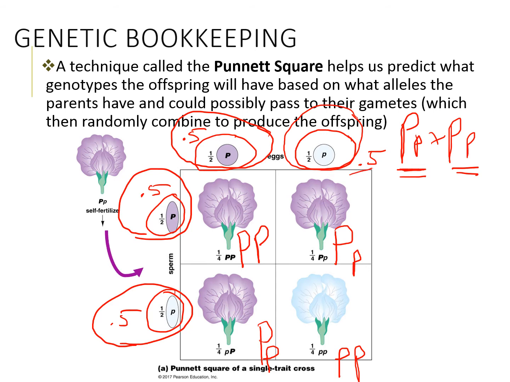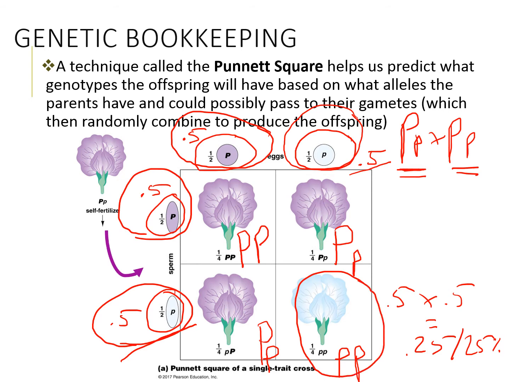So 0.5, or half the time, one parent gives a little p, and then 0.5 of the time, so half the time, the other parent also gives a little p. So 0.5 times 0.5 is 0.25, or rather 25%, or a quarter. So this square right here represents a quarter of what happens when these plants reproduce. So 25% of the time, this is going to happen.